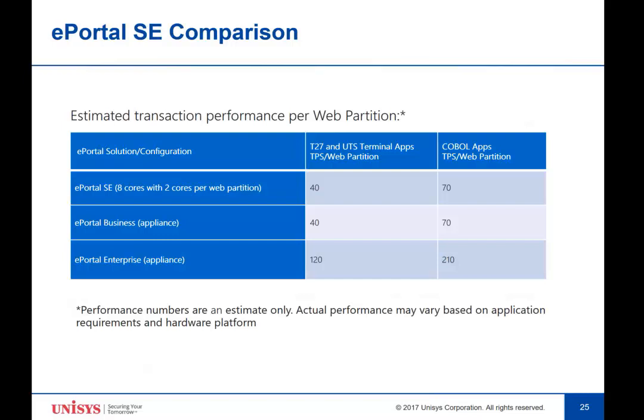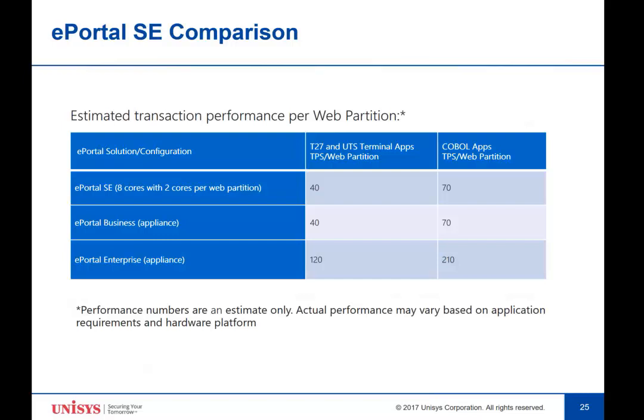ePortal Business Appliance comes with 4 web partitions. That's not configurable in any way. You get 4, and that's what you get. ePortal Enterprise, of course, you can have up to 24 web partitions. So multiply those numbers by the number of web partitions you have. And ePortal SE, again, there's more flexibility here because you can assign more cores to a single web partition.